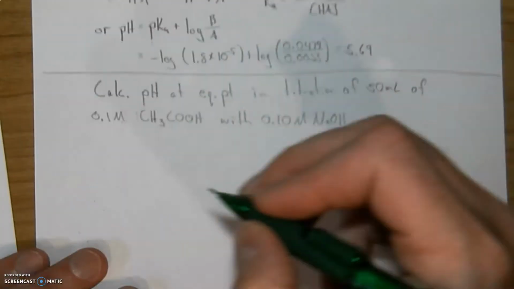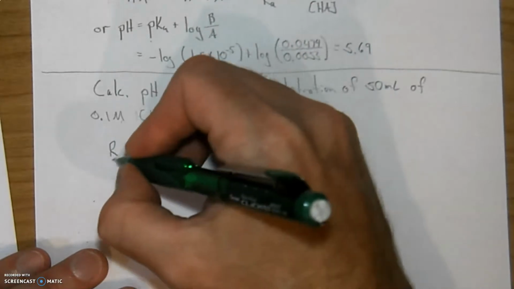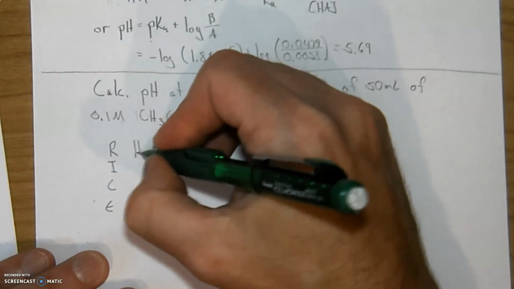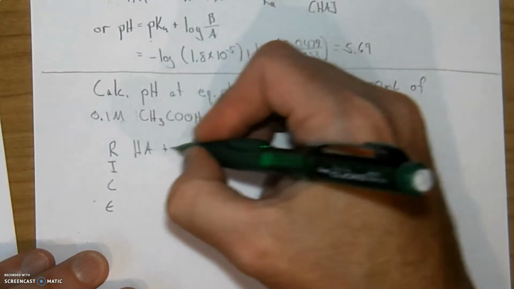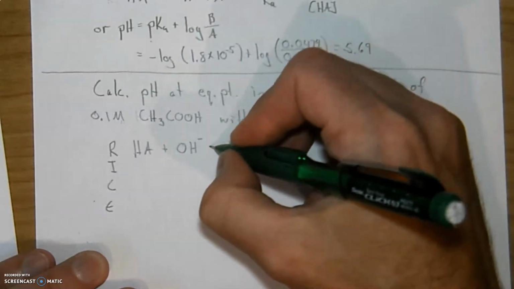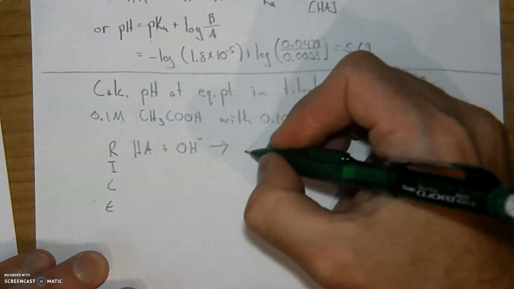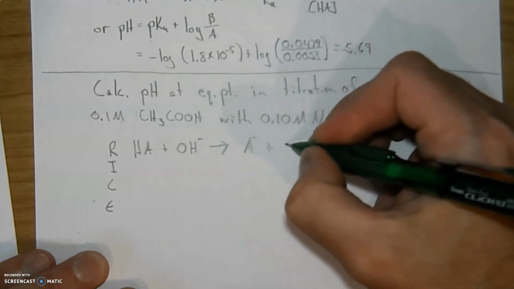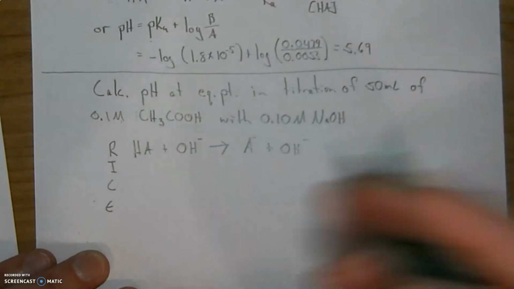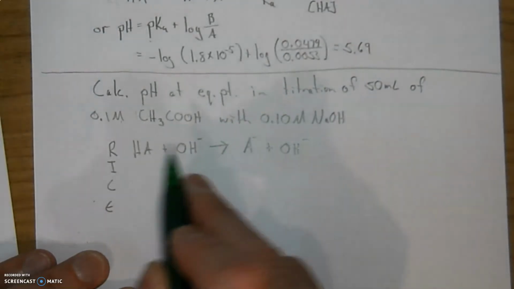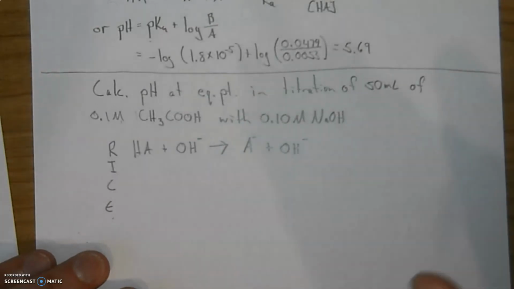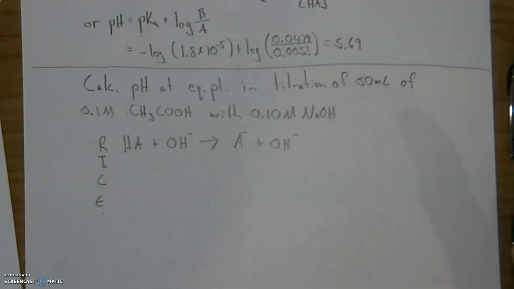I'll go ahead and write a couple things down for RICE, and now I'll get lazy. Again, this is a titration. This is not an equilibrium equation, so we're not going to think of it that way. It goes all the way to completion. It's a titration, so you have a strong base reacting with the weak acid. We'll fill the rest of this in in the next lecture.